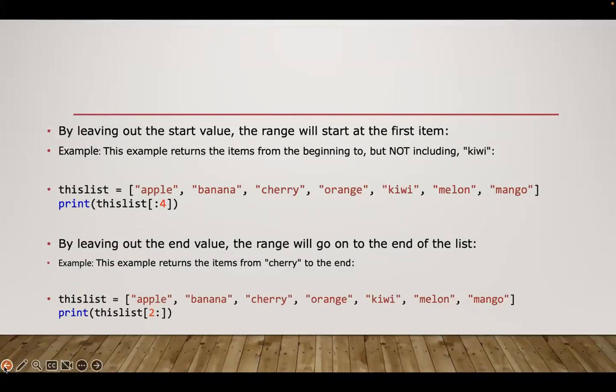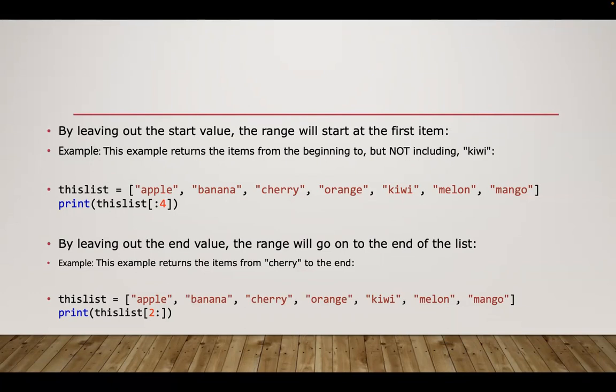So if you could still remember, I mentioned to you that when you have a list and you want to pick a range of items in the list, instead of writing all the items you want to pick, you would write a colon.